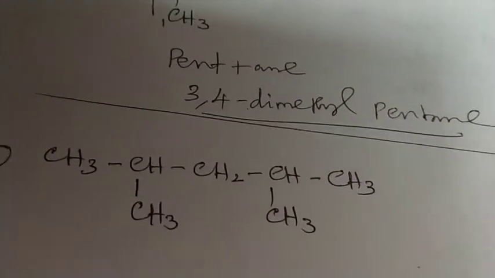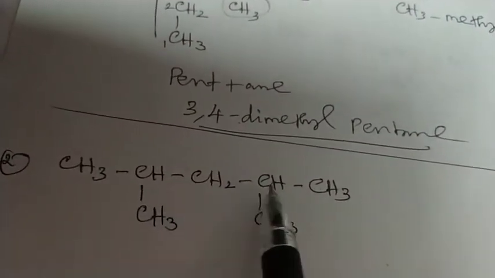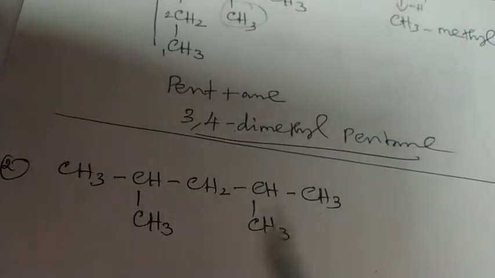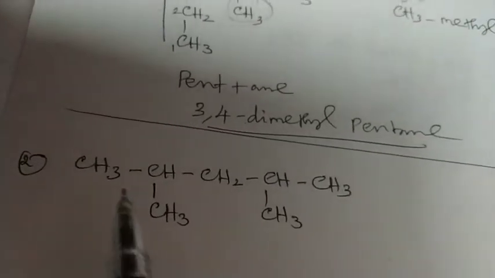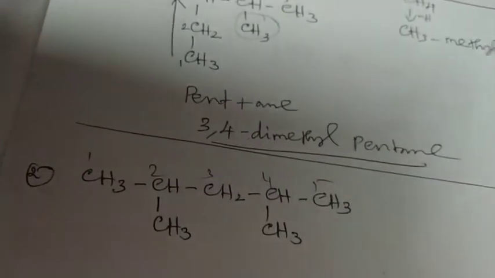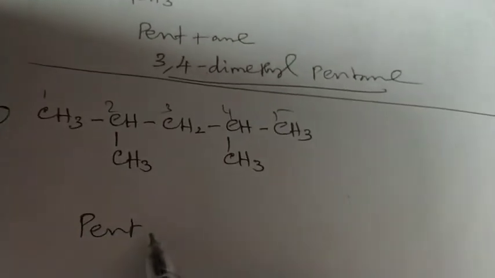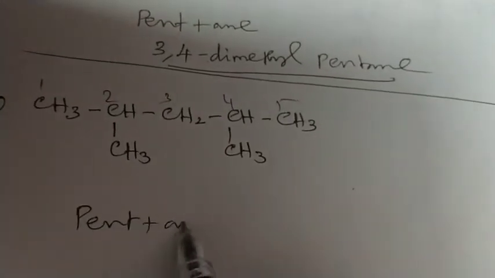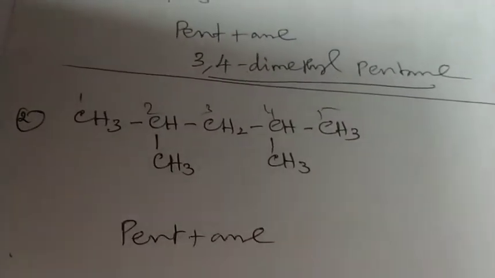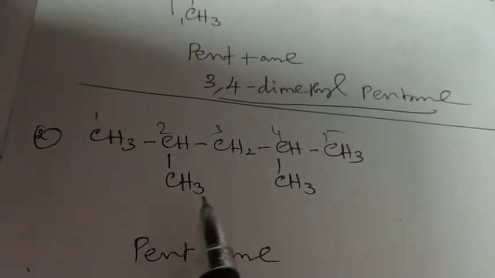Then we can go to the next example. See, CH3, CH, CH2, CH2, CH3. Here we have to number the carbon atoms to check the root word. So 1, 2, 3, 4, 5 carbons. So pent, single covalent bond, so pentane. Pentane is the name of this parent hydrocarbon. And here two substituents are there.